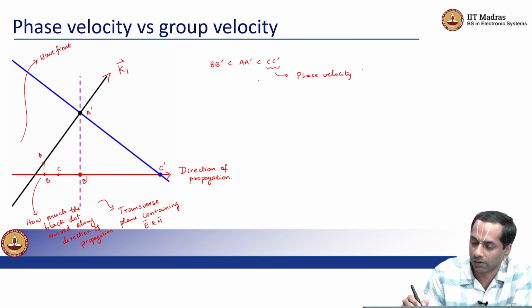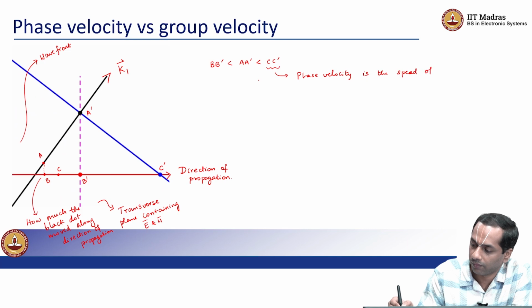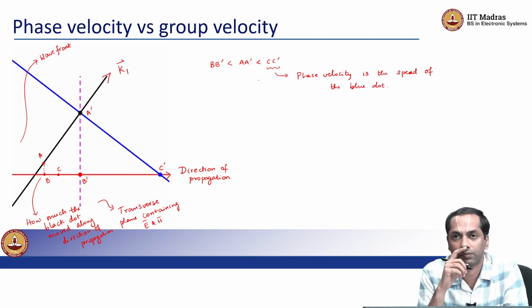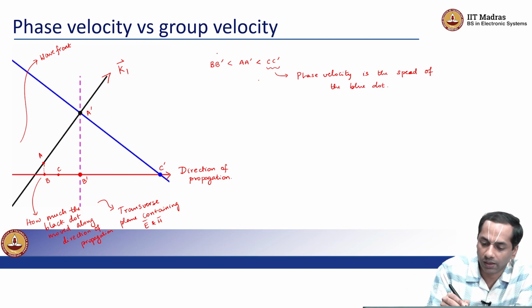Phase velocity is the speed of the blue dot, and B prime is what we call the group velocity.